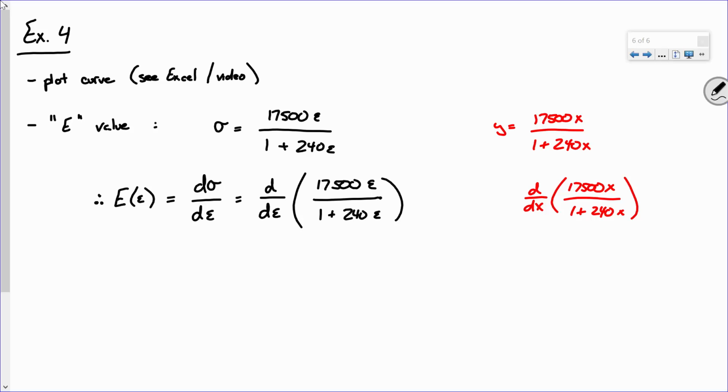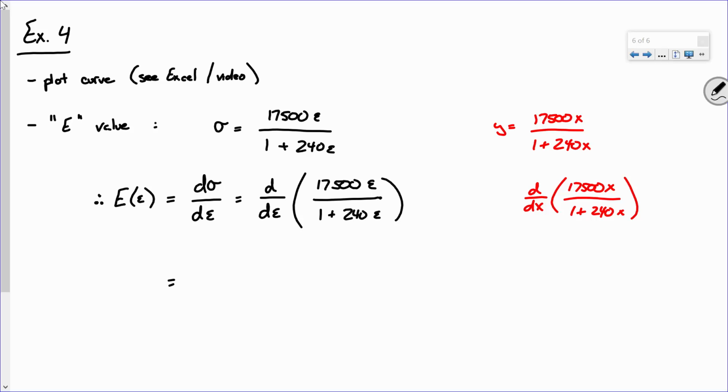So let's do a couple things. First off, what can I do with that 17,500? Take it out front, right? It's a constant. Remember, derivative rules. If I have a constant times something and I'm taking the derivative of it, the constant can go out.